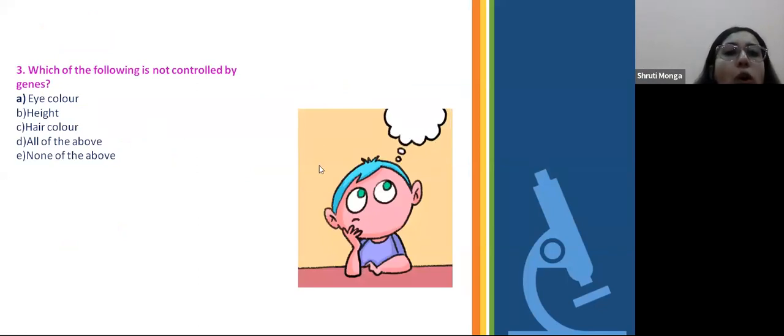Which of the following is not controlled by genes? Quickly drop me a message. Okay, 3 students have dropped the message. What will be the correct answer?